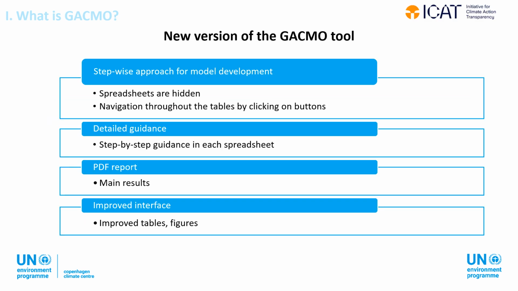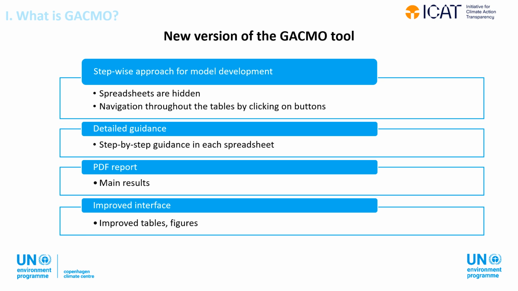UNEP Copenhagen Climate Center has released a new version of the GACMO tool. The development of this new version of GACMO has been supported by the Initiative for Climate Action Transparency, ICAT. The new version of the GACMO tool follows stepwise approach for model development. Most of the spreadsheets are hidden.